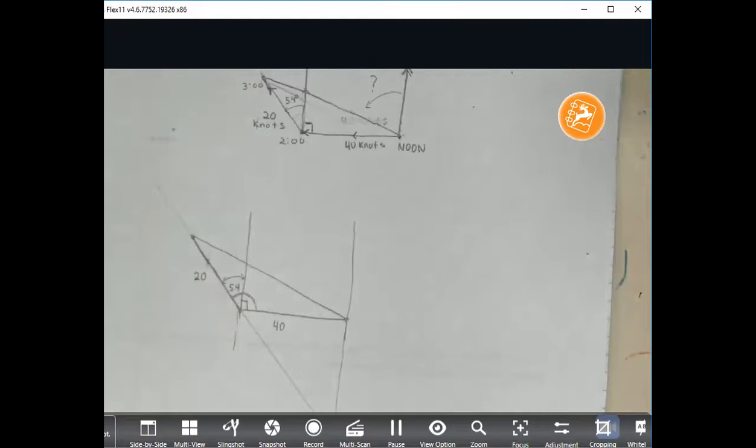Keep thinking. Technically, knots is an actual distance, like miles per hour. Can I find the distance with the knots? But I don't have a right triangle. I'm going to keep my distance in knots.